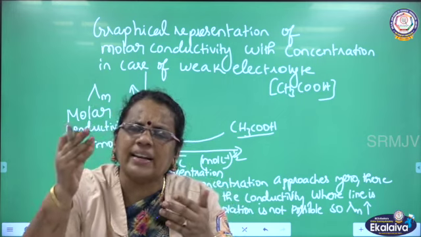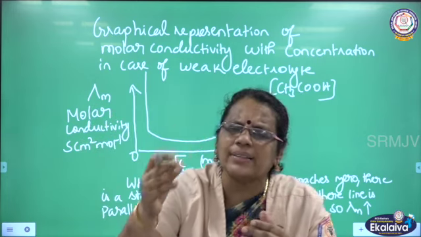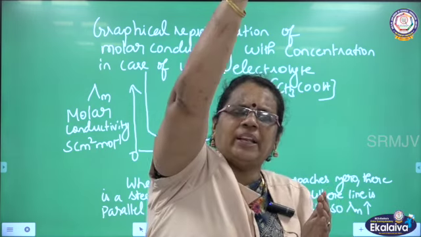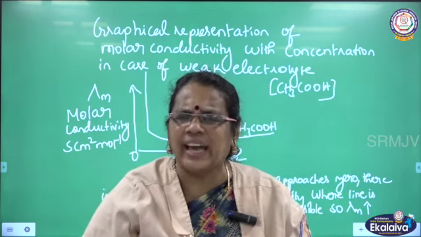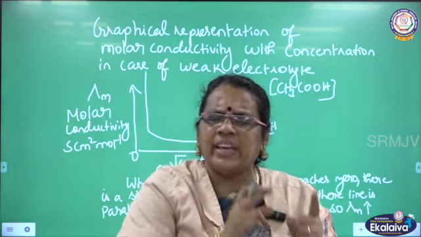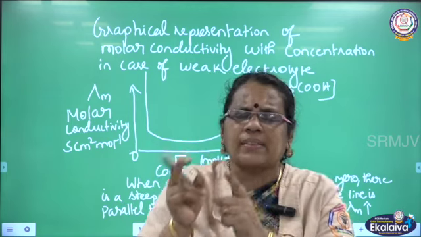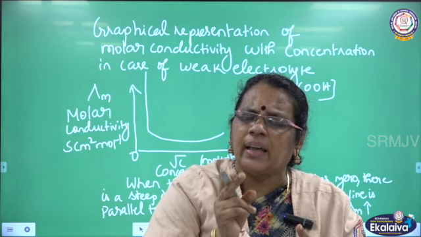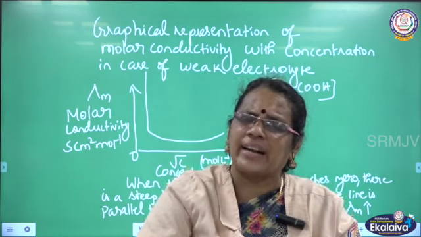So when the concentration of acetic acid approaches 0, you can see a steep increase in the curve along the y-axis, where you will get the maximum value of molar conductivity.